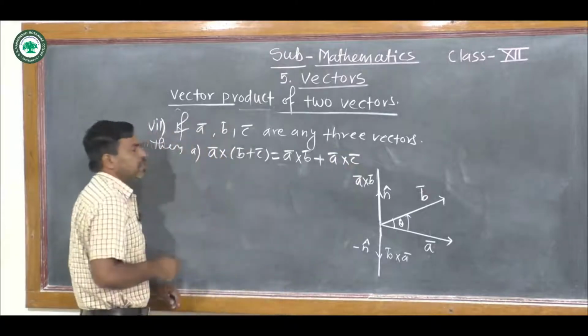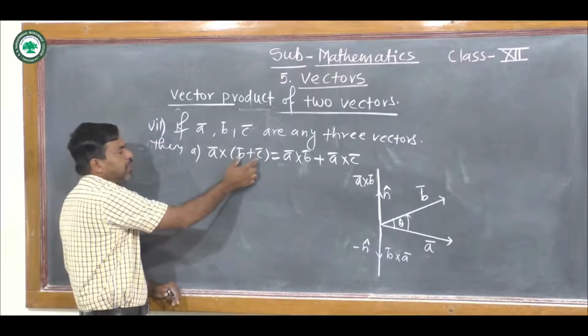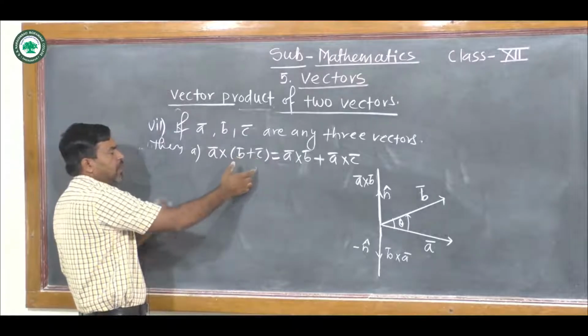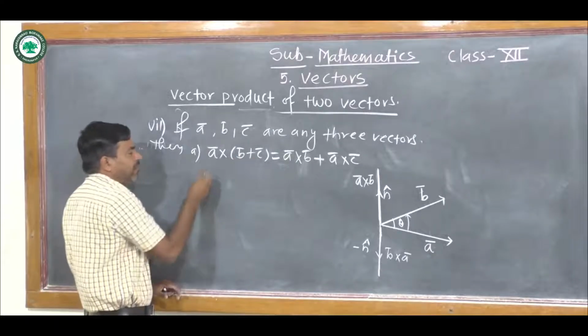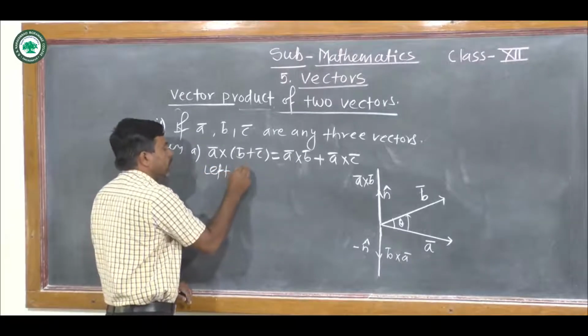This property is called left distributive because we distribute this addition of two vectors from the left side, so it is called the left distributive property or left distributive law.